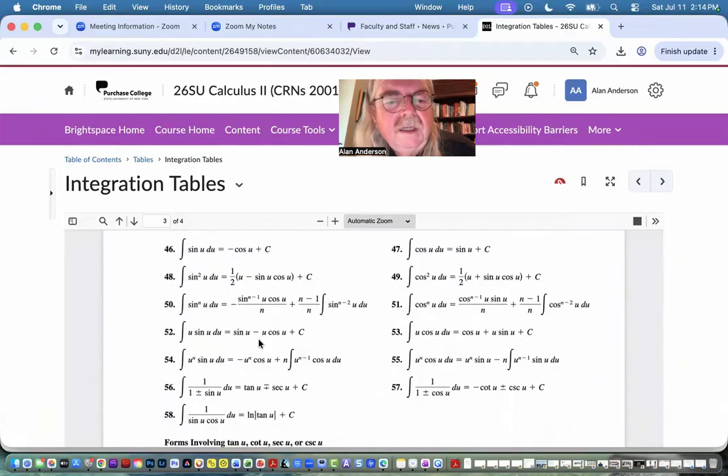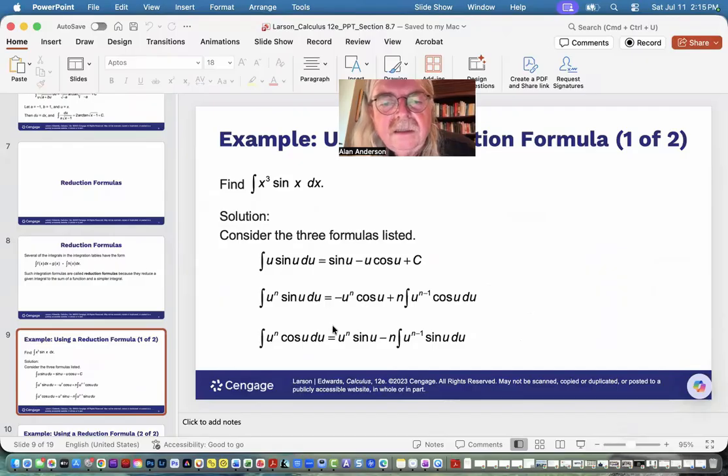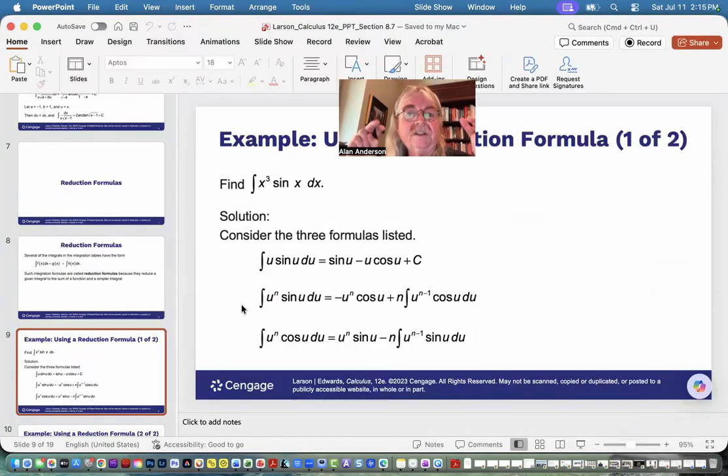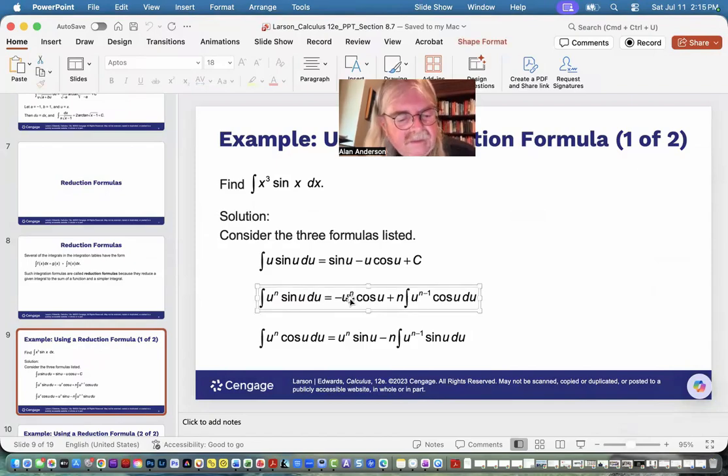There it is. Ah, I guess this is the area that they're talking about. Formulas 52, 3, and 4. Okay, so those are the formulas that they have here. But it doesn't list them separately. It doesn't identify them as reduction formulas. I guess we're supposed to figure that out ourselves.